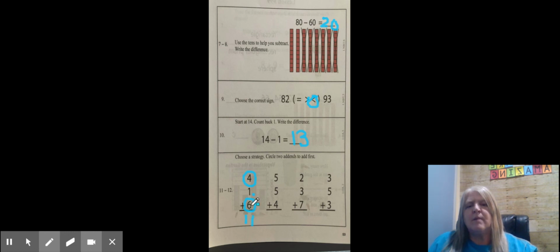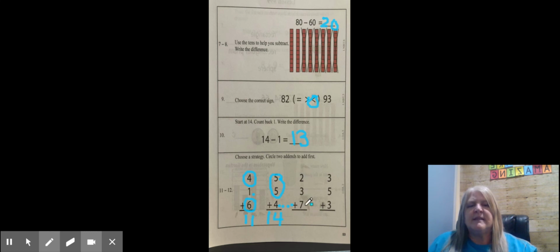So 4 plus 1 plus 6 equals 11. The next one, 5, 5, and 4. Well, I know that 5 plus 5 is 10. They are doubles and partners of 10. And then 4 more. 1, 2, 3, 4. 10, 11, 12, 13, 14. So 5 plus 5 plus 4 equals 14.